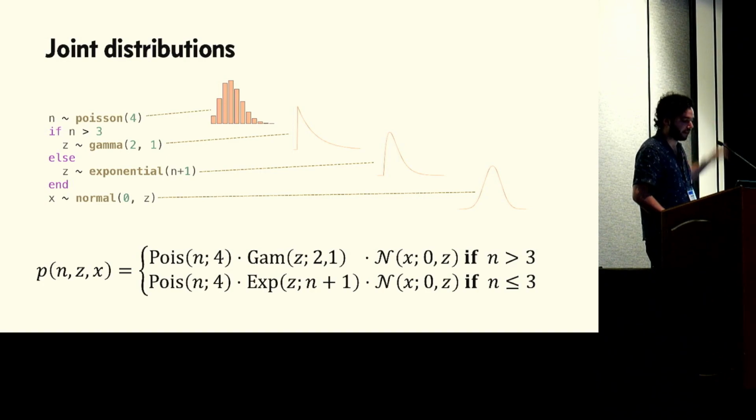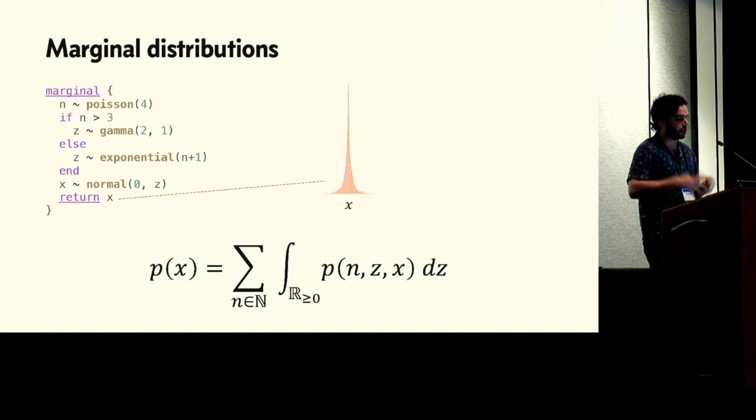They're also often very useful, but sometimes they're not what the user actually wants to express. Sometimes the user writes a program like this, and they don't want to think about the distribution over n, z, and x. Instead, they want just the marginal distribution over a final returned variable, say x. In other words, they want to encapsulate these internal variables n and z and treat their program as defining a new univariate primitive.